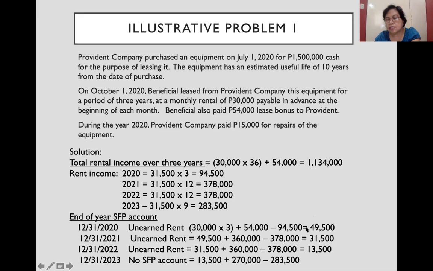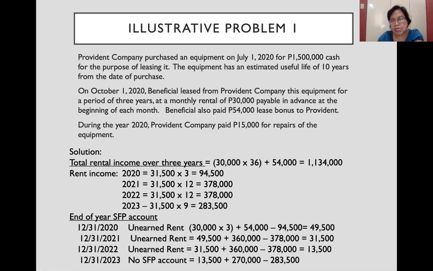So 49,500 is to be presented in the statement of financial position as unearned rent. If, on the other hand, the collection is less than the amount of rent income that is to be recognized, then the excess of that income over collection will be reported by the lessor as asset.